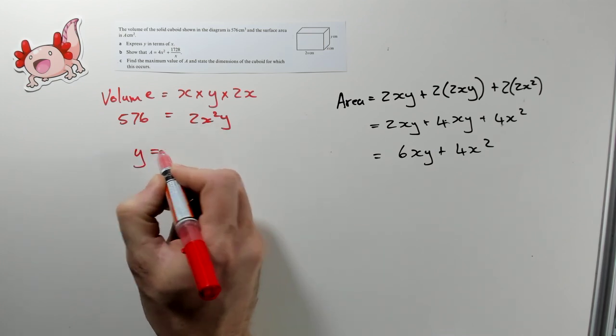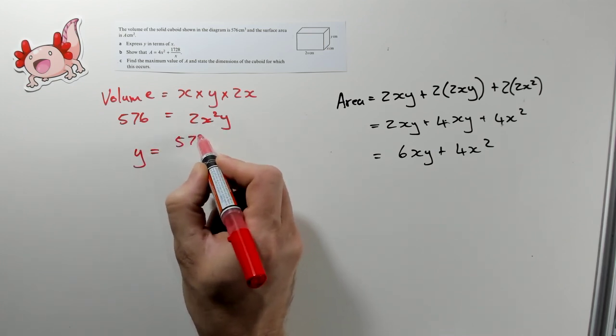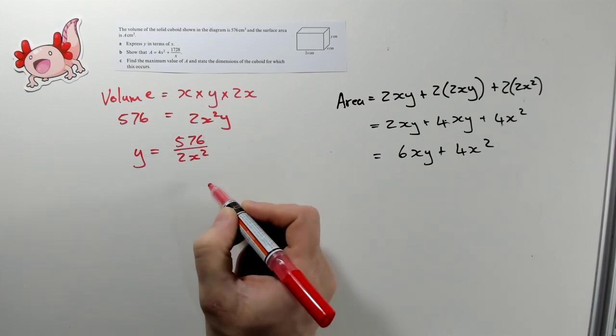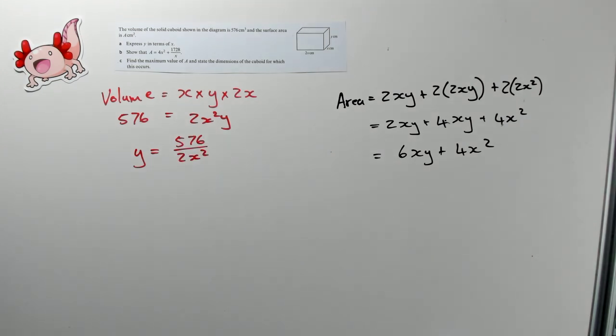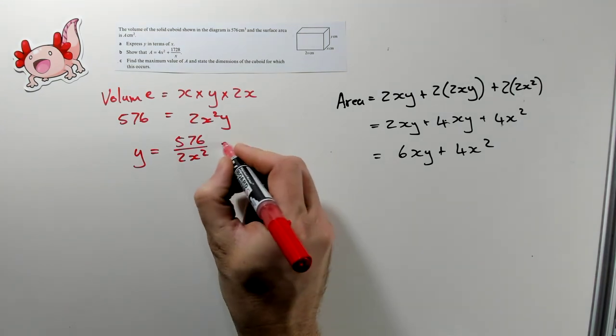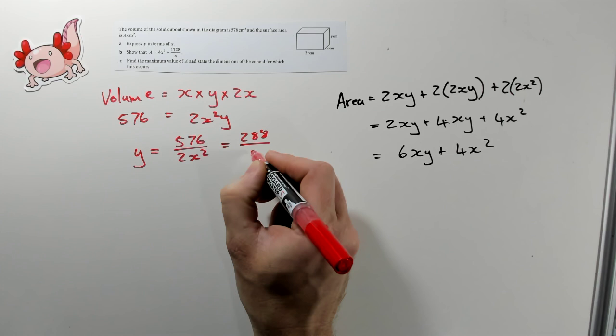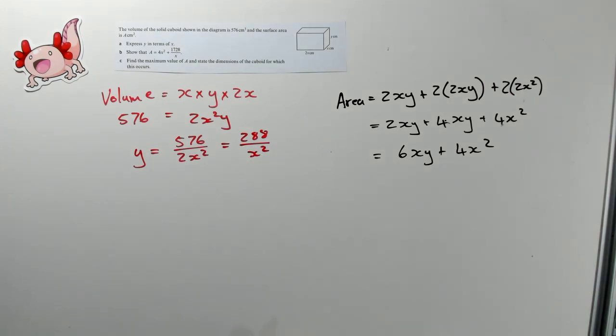So y is going to be 576 divided by 2x squared. I can reduce that: 576 divided by 2 is 288, so it's going to be 288 over x squared.